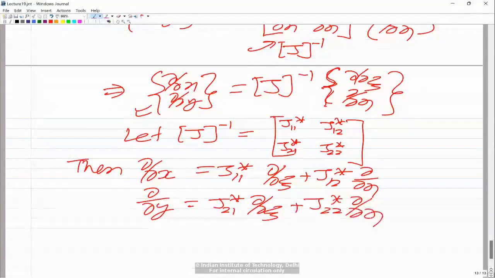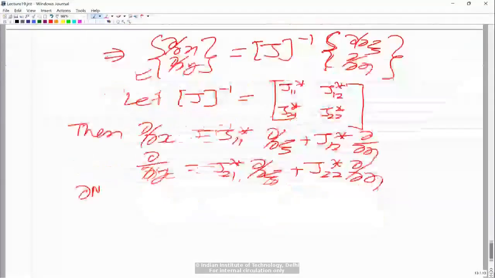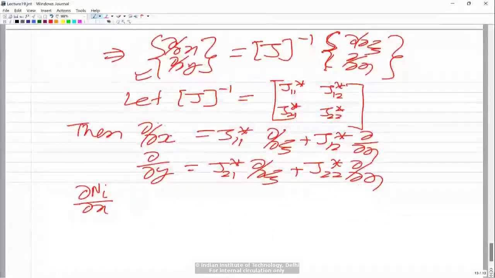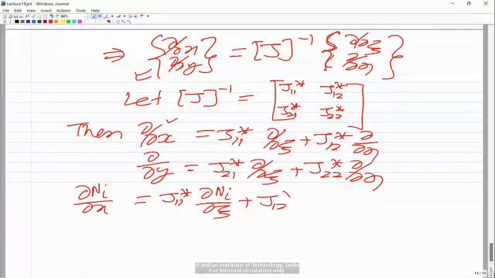Our ultimate aim was to write the derivatives of the shape functions with respect to x and y. So now I write the ith shape function, Ni, and operate the operator on Ni. I will get del Ni by del x is equal to J11 star into del Ni by del xi plus J12 star into del Ni by del eta.